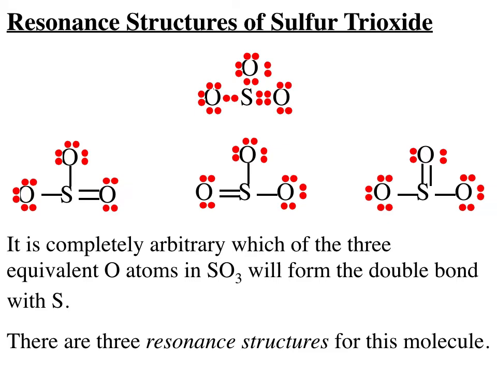Again, remember, there also should be 24 electrons in this 6 times 4 valence electron set. And if you count any of those three central Lewis dot structure pictures, you will count 24 electrons represented by lines and dots.